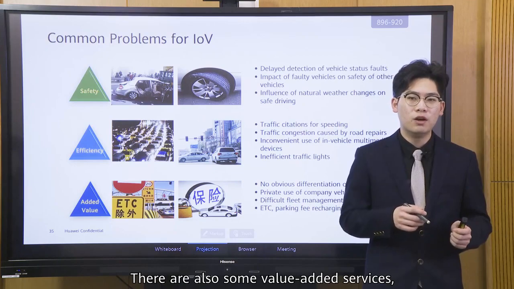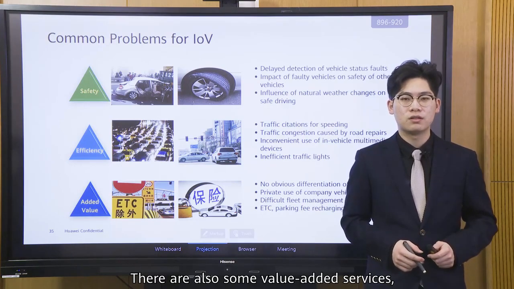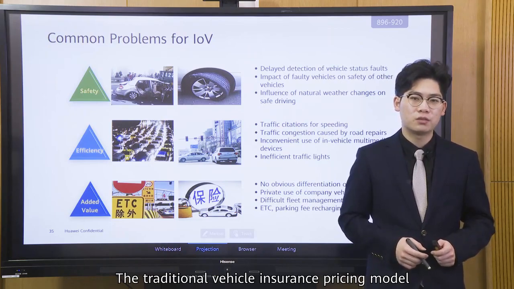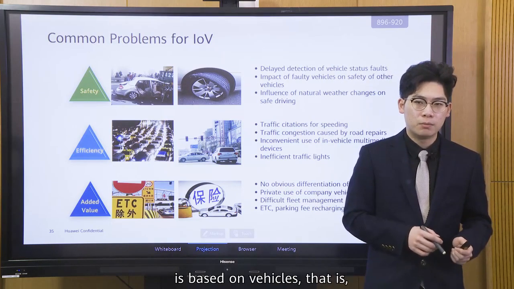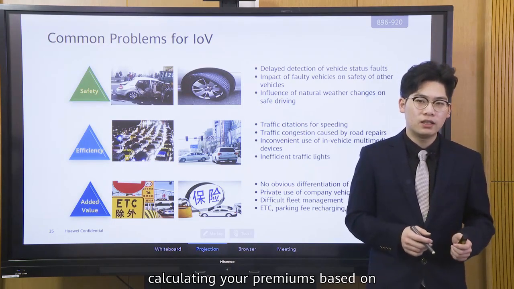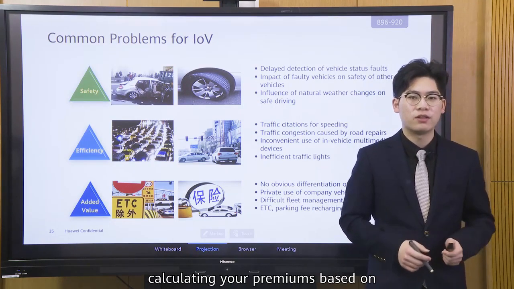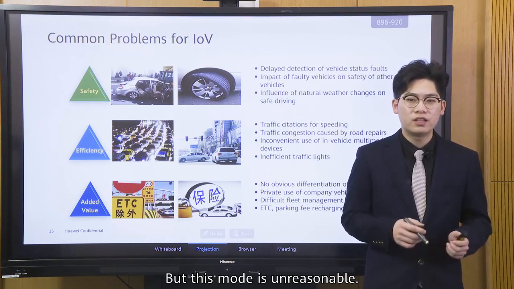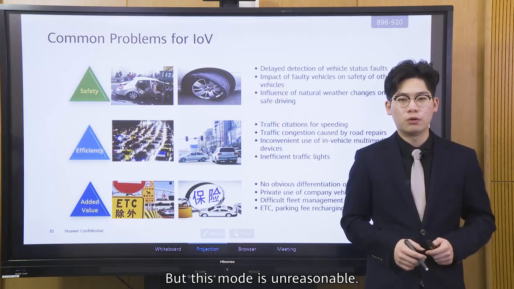There are also some value-added services, such as insurance. The traditional vehicle insurance pricing model is based on vehicles. That is, calculating your premiums based on the number of claims you have made. But this mode is unreasonable.